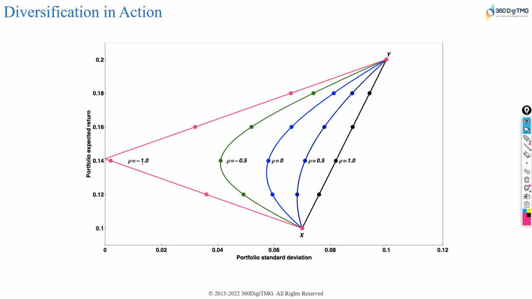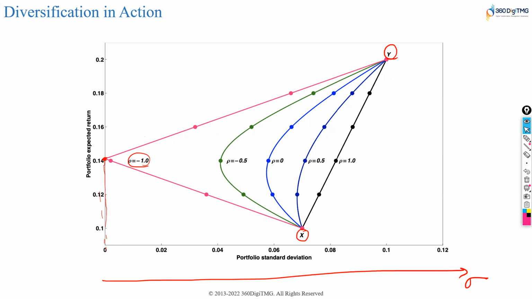But then if you look at -1 correlation, meaning they are 100% negatively correlated, risky assets X and Y. In this scenario, if you look at your risk, it is 0. And expected return is some 14%, assume.